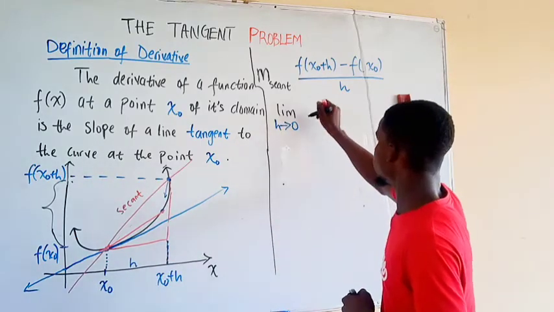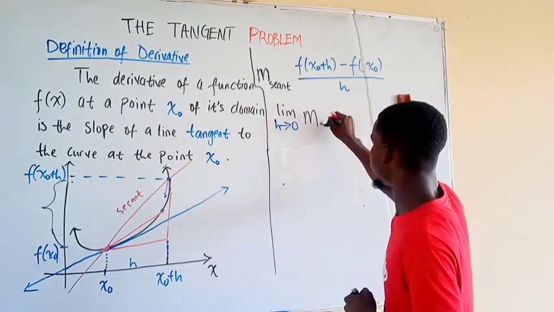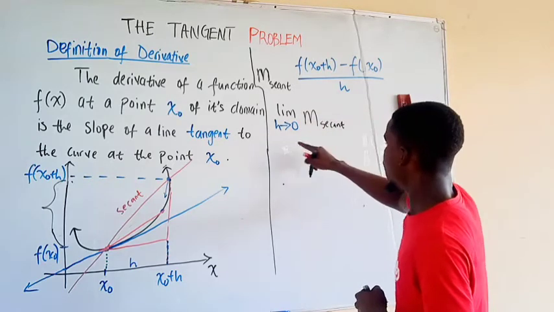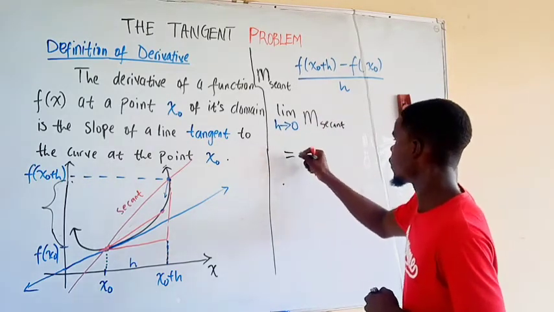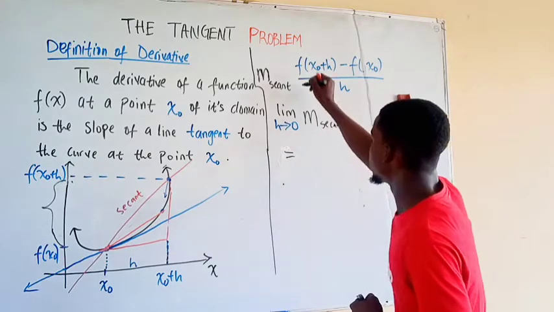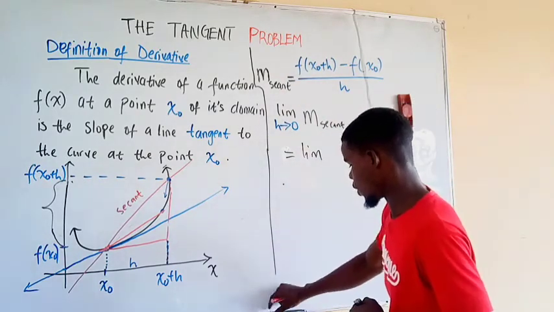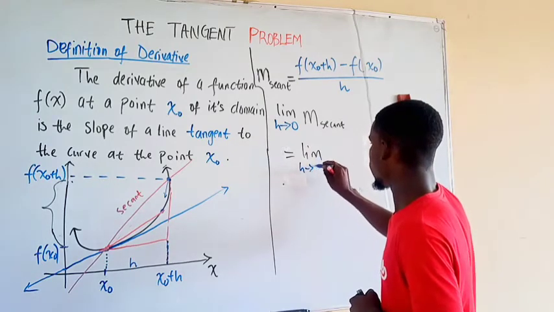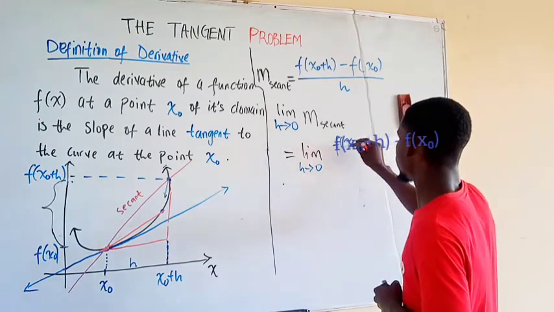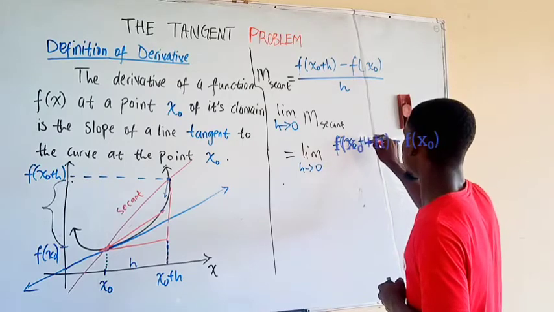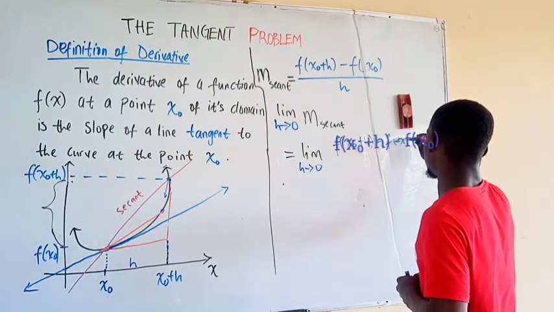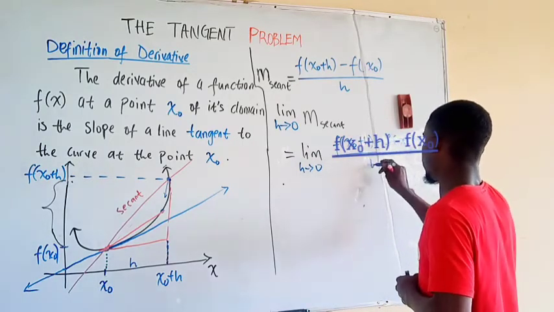So I'm going to say the limit of the slope of the secant as h tends to 0 will give us the limit as h tends to 0 of f of x0 plus h minus f of x0, divided by h.